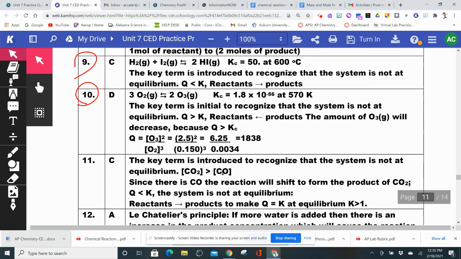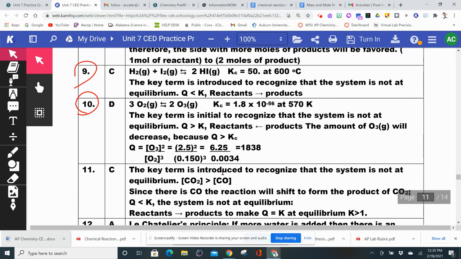Okay, so in that case, they're going to use the Q and the K relationship there. So you would use those initial numbers and put those into the reaction quotient, which is the Q, and see how the reaction quotient compares to the equilibrium constant.